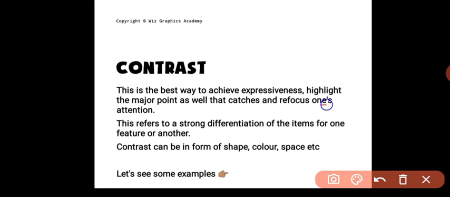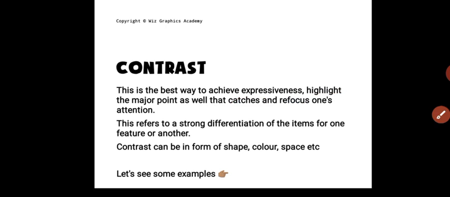See these words: catches, refocus, highlight. These are the things that you should know when you want to work with contrast.